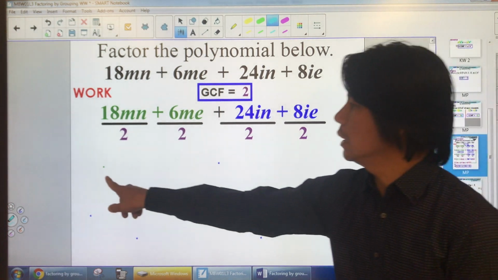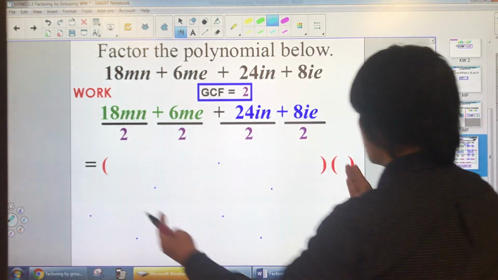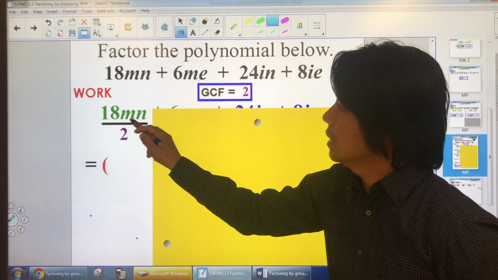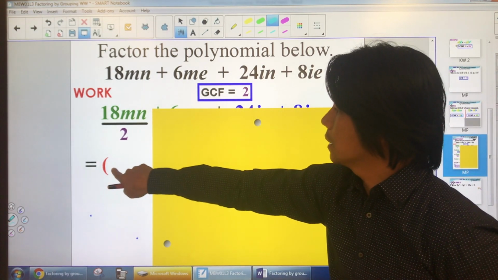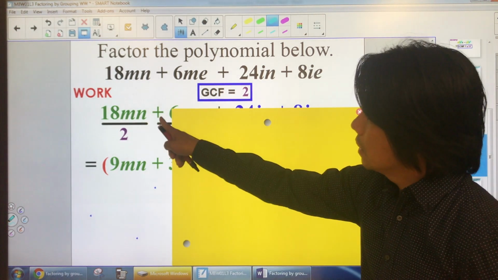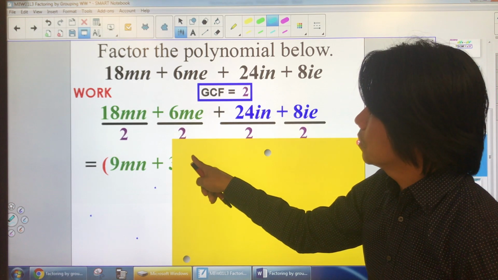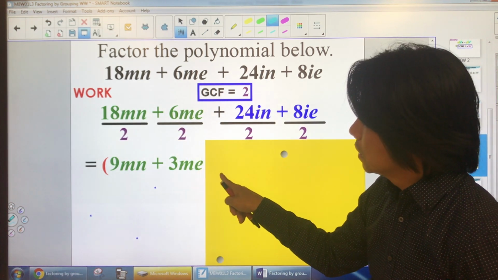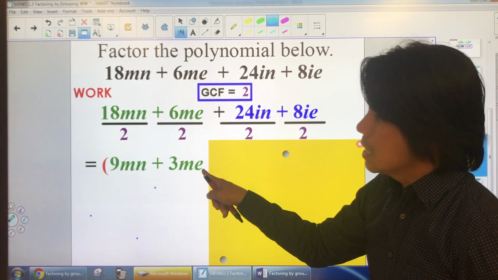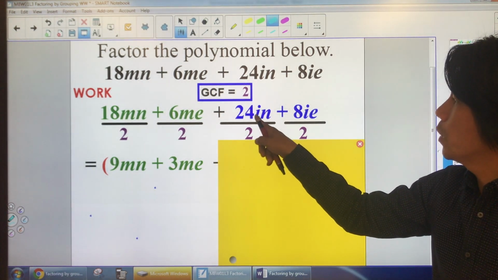And what's the result? We need to put the result inside the parentheses. So 18mn divided by 2, that's 9mn. Plus, if we divide 6me by 2, the result is positive 3me.